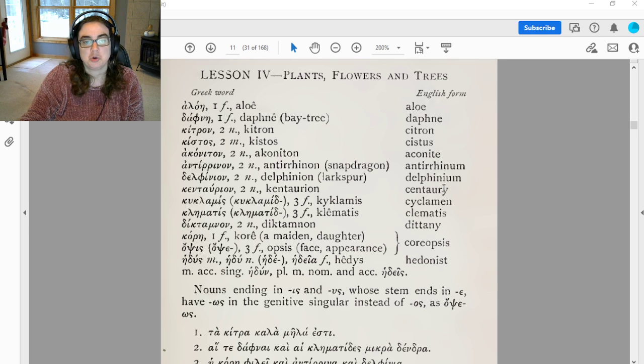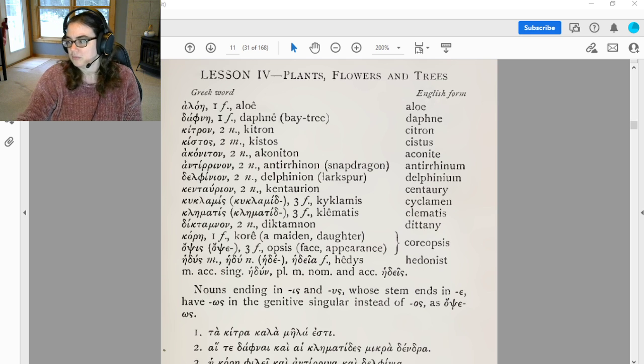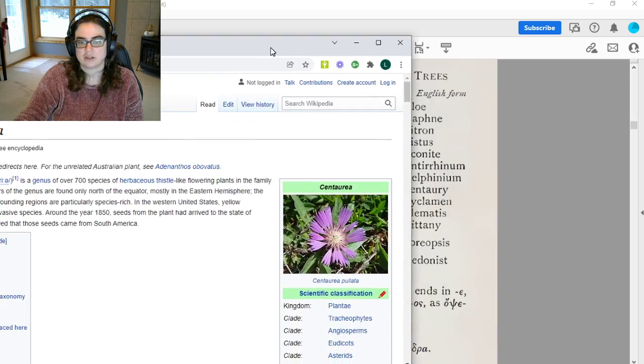Oh. Delphinion, a larkspur. Centaurion, a centauri, which I'm guessing is also a type of flower that looks like a centaur. If only. Just a flower. Doesn't look like a horse at all.